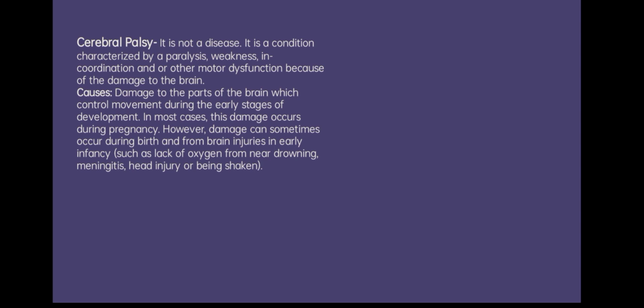It is caused by damage to the parts of the brain which control movement during the early stage of development. In most cases, this damage occurs during pregnancy. However, damage can sometimes occur during birth and from brain injuries in early infancy, such as lack of oxygen from near drowning, meningitis, and head injury or being shaken.